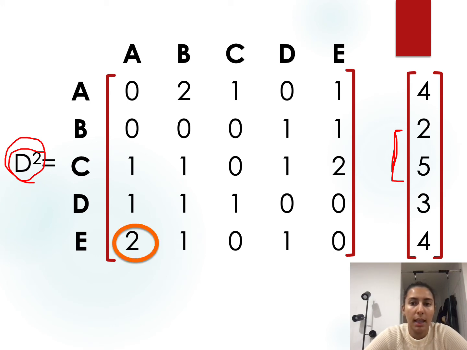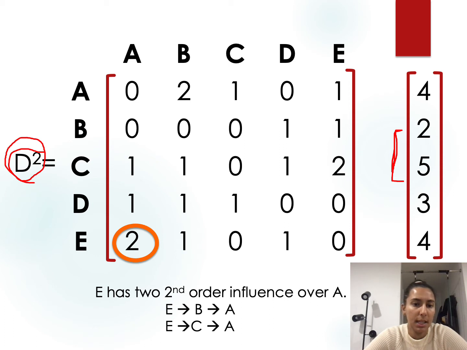And let's interpret what your D squared, your second order dominance matrix, is. What this means is E has 2 second order influences over A. Even though we're not looking at if E directly beat A, E beat B and player B beat A. So through second order dominance, we're saying that it's predicted that because E beat B, they would also beat A. And then the other one is this one here.